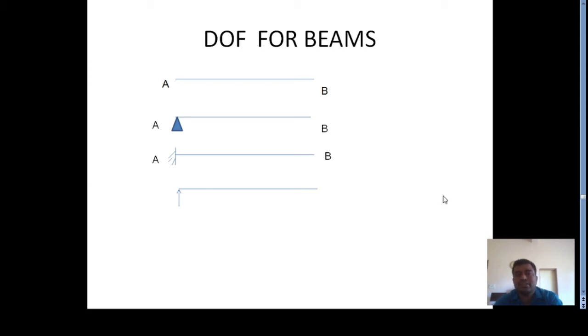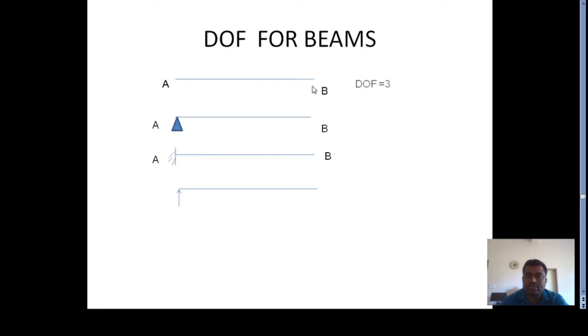Coming to the degrees of freedom of a beam, you see the beam AB, where both ends are free. How many degrees of freedom for the beam here? Here 3, here 3.